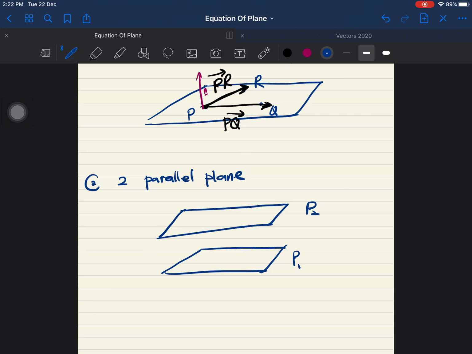Contoh. Okay. So, awak kena tahu bila kita kata dia parallel plane, okay, dia ada normal vector yang sama. So, they have the same normal vector.